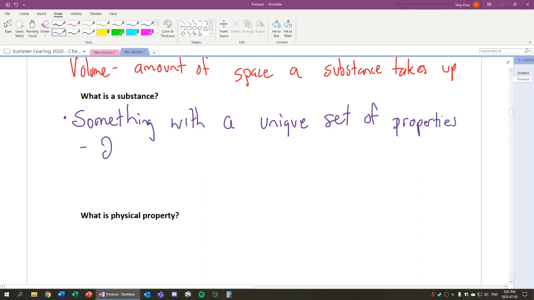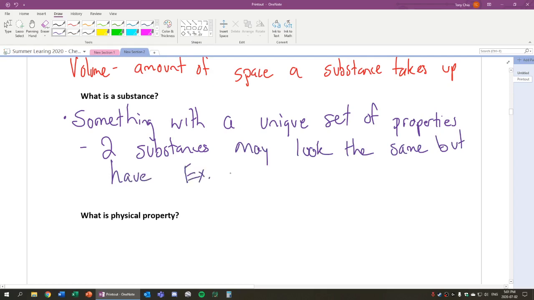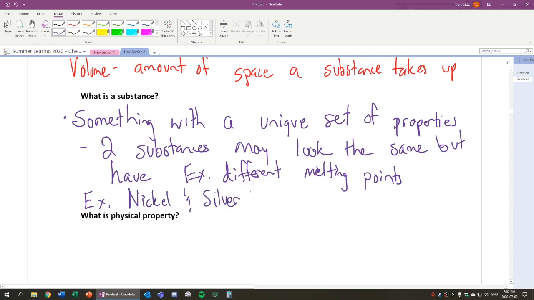What that means is two substances may look the same, but have, for example, different melting points. For example, nickel and silver may look alike, but they may have different properties. That's why nickel and silver are different substances.